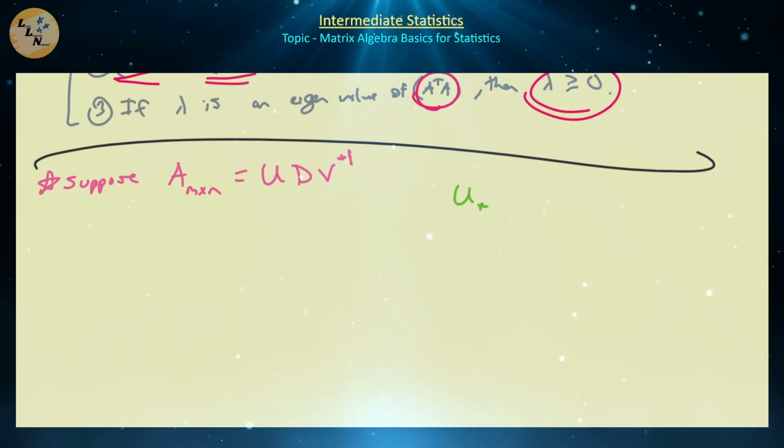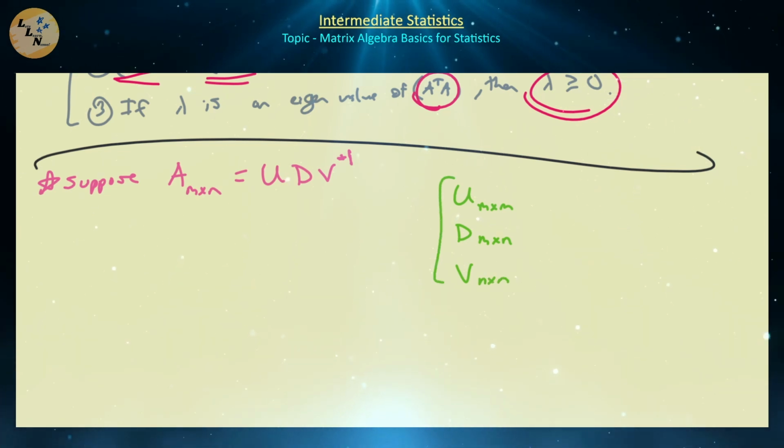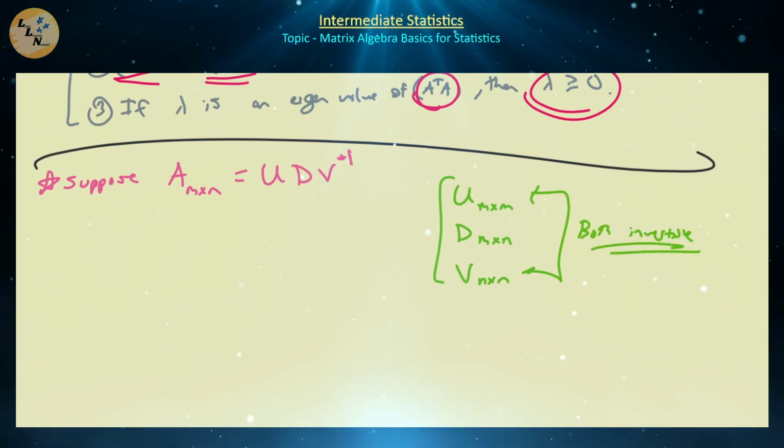U is going to be an m by m matrix, so a square matrix. D is going to be the same size as our A, and V is going to be an n by n matrix. Obviously, U and V should both be invertible square matrices, i.e. their determinant is not equal to 0. So U and V are actually going to be very special matrices.